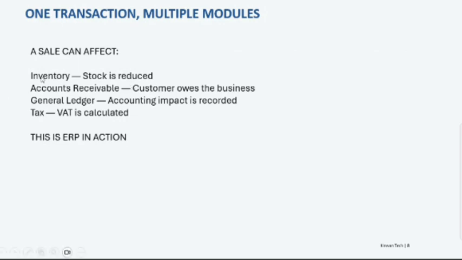At the account receivables, you can see what customers owe to the business. Under the general ledger, you can see how the accounting impact is being recorded under the same interface. Under tax, you can monitor even how VAT is being calculated. This is ERP now in action, not really accounting software.